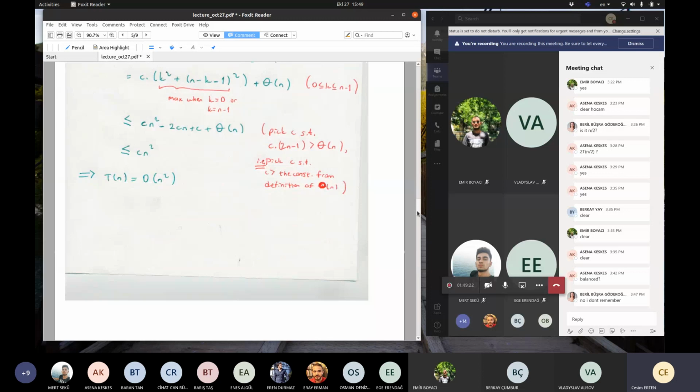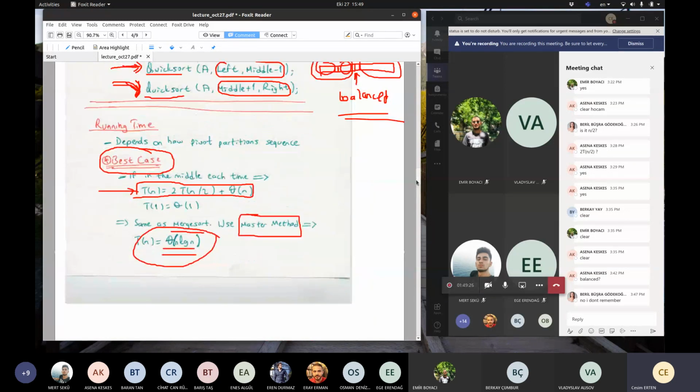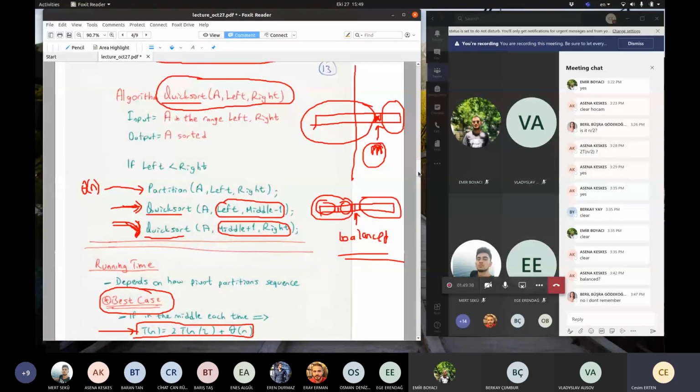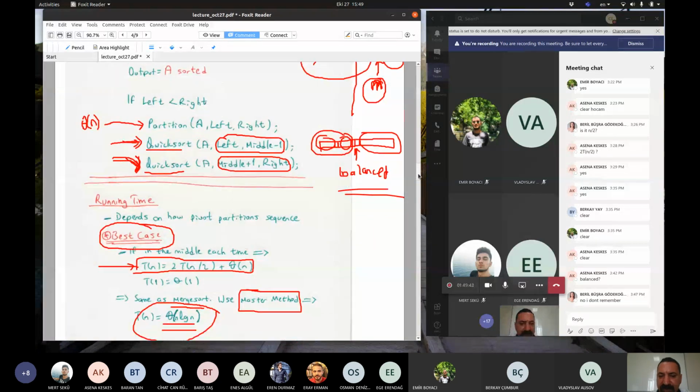Any questions regarding the worst case and the best case running time analysis of the quicksort algorithm? Is the running time analysis clear?